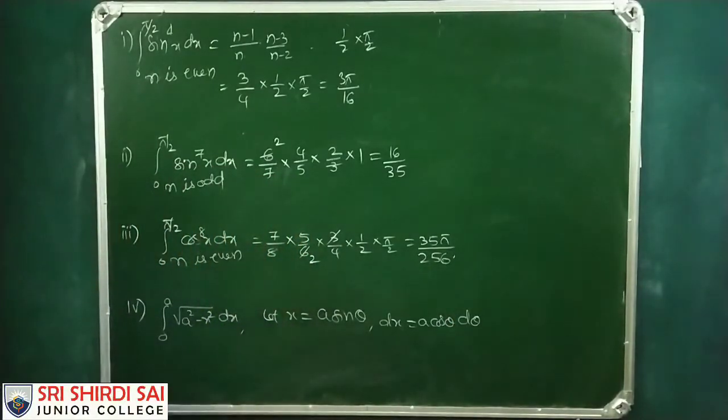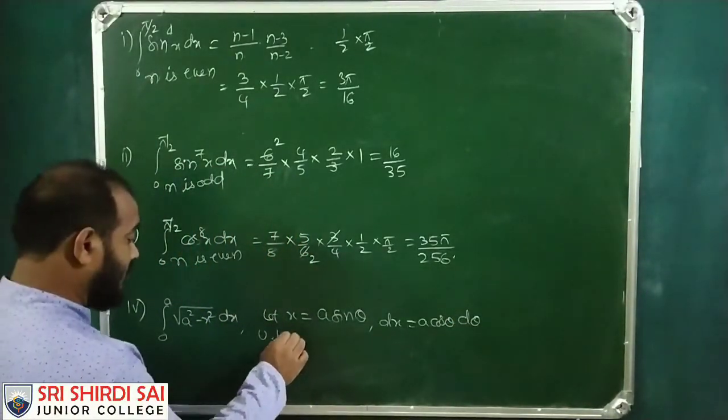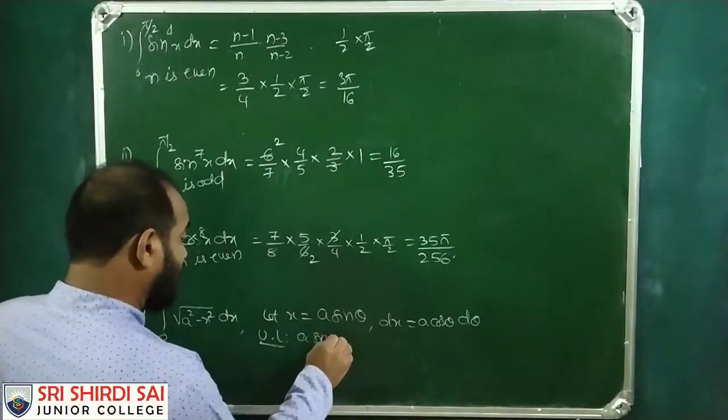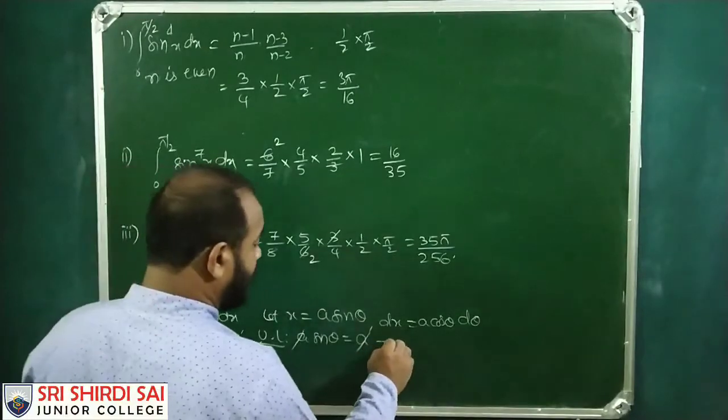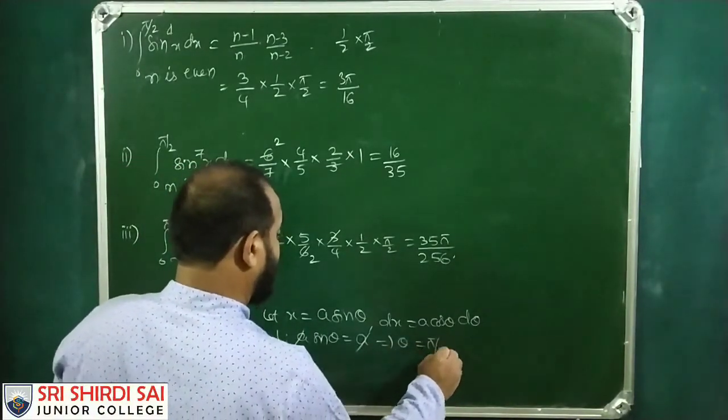So we need to change the limits as well. Upper limit: a sin theta equals x, a gets cancelled, sin theta equals 1, theta equals pi by 2.